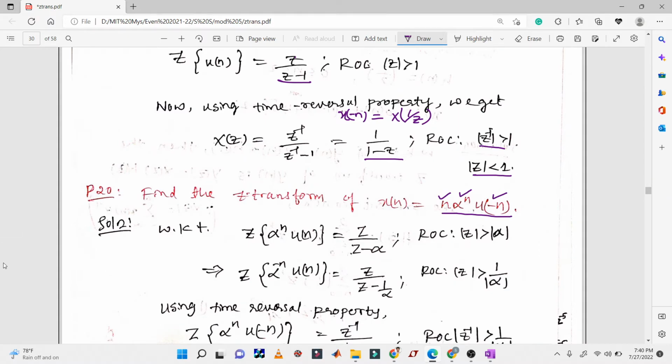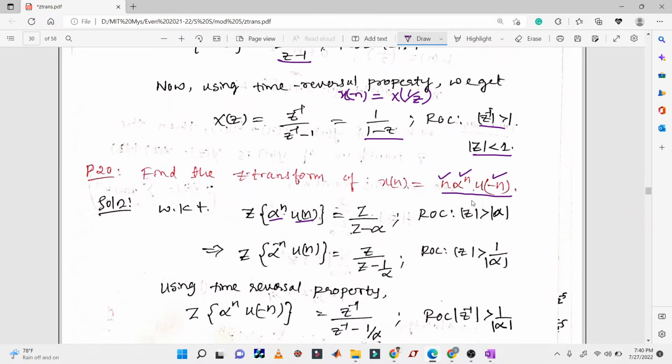For this one, this is u of minus n, but here alpha power n is there, so we need to make it as minus 1. Okay, so for alpha power n u of n, we have z divided by z minus alpha. If we have alpha power minus n multiplied by u of n, it will be z divided by z minus 1 by alpha.